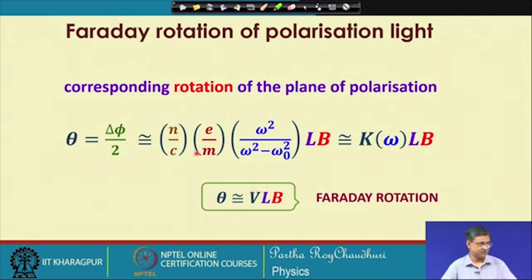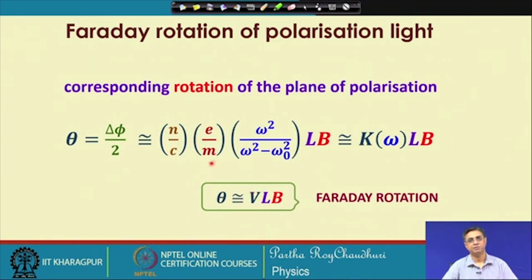So, by doing this we could see that you have a left circularly polarized light and a right circularly polarized light, which are the consequence of an input plane polarized light, and they will see different refractive indices while passing through the medium in presence of the magnetic field, but otherwise they will see the same refractive index, and therefore there will be no rotation in absence of magnetic field.